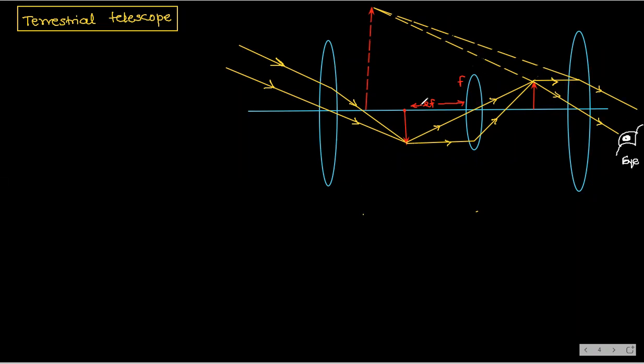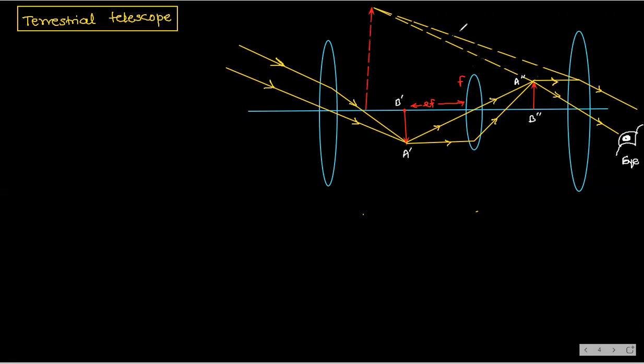Now the first image is A dash, B dash, I am giving. The second image is D double dash, A double dash.